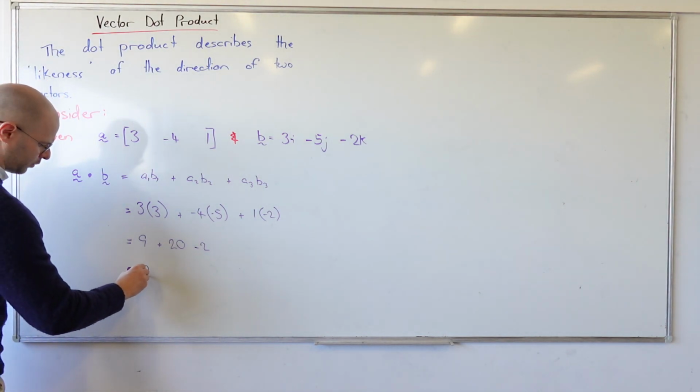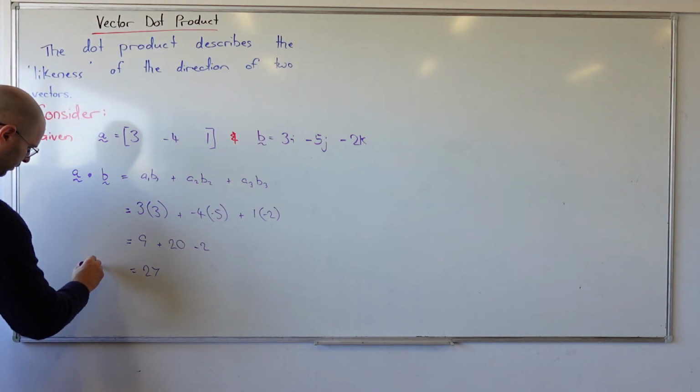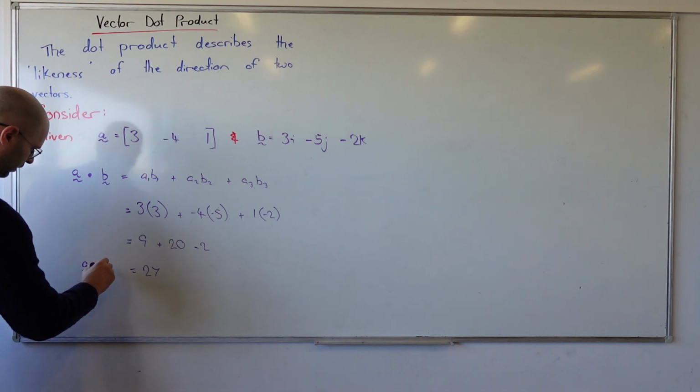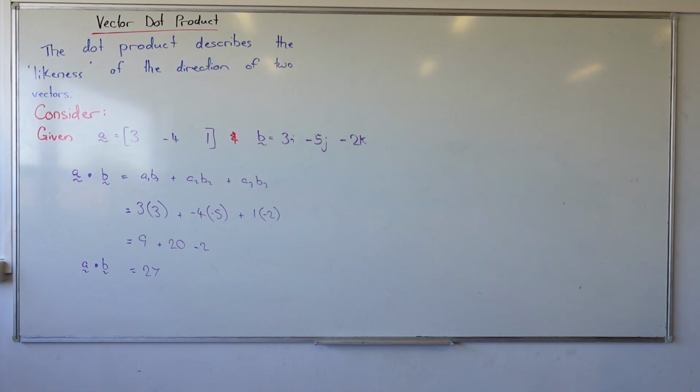So this will just be 27. So the likeness of these vectors A and B is a score of 27. Now, we'll elaborate on that in a sec.